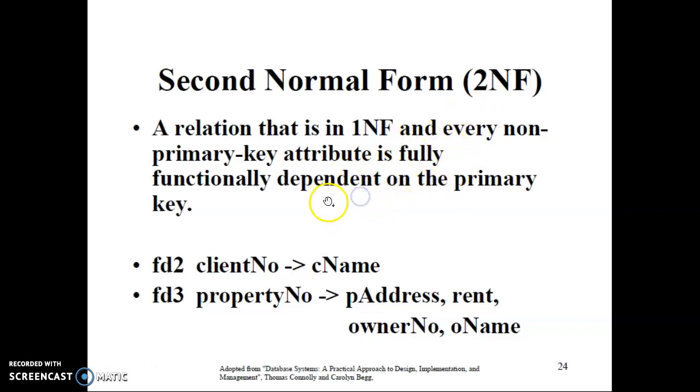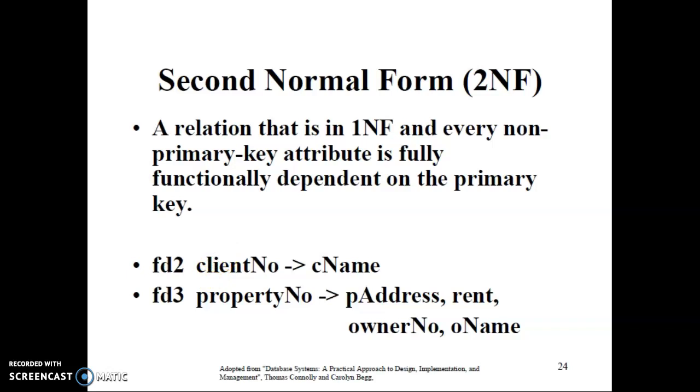And remember one more point here: second normal form applies to tables or relations with composite keys. What is a composite key? If the table has more than one attribute as a primary key, then that is called a composite primary key. A relation or table with a single attribute primary key is automatically in second normal form.